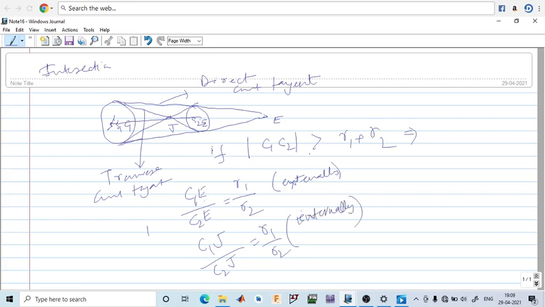Suppose mod C1C2, the distance between the centers of circles S1 and S2, is greater than the sum of the radii, then we will be having 4 tangents: 2 direct common tangents and 2 transverse common tangents.